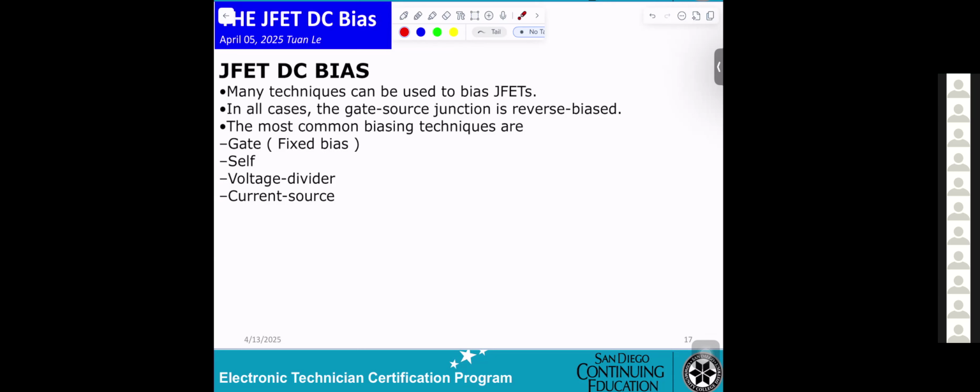For the JFET, the first is called fixed bias, the second will be self bias, and the third is voltage divider bias. That's the only thing we want to emphasize.